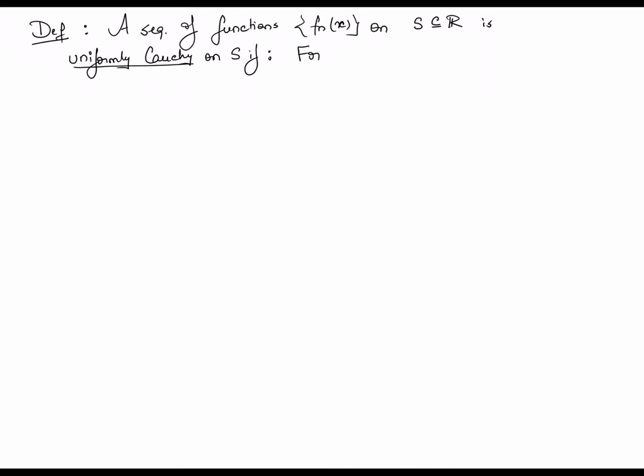For any epsilon greater than 0, there exists some capital N such that the difference between fn of x and fm of x is going to be less than epsilon for all m and n larger than capital N and for all x in S. Right?